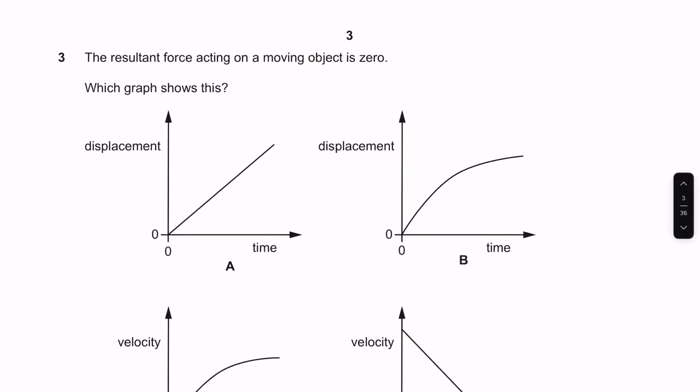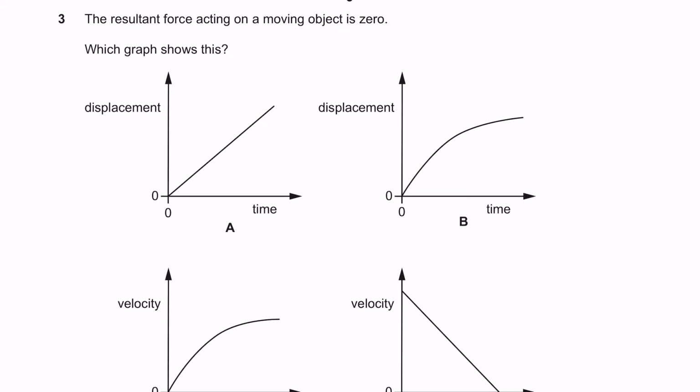Question number 3. We have been given that the resultant force acting on a moving object is 0. So that means acceleration is 0. Which graph shows this? Okay, so we know that if acceleration is 0, it's got to have a constant gradient.